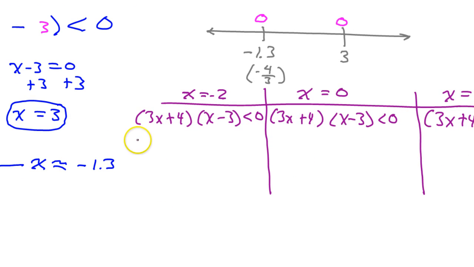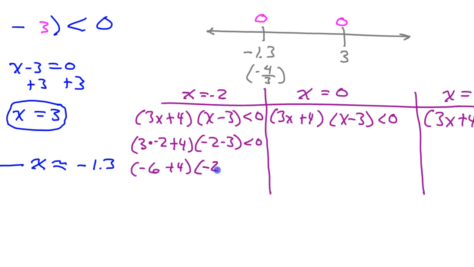If I put in negative 2, for example, that gives me 3 times negative 2 plus 4, and then negative 2 minus 3. 3 times negative 2 is negative 6. So that's negative 6 plus 4 times negative 2 minus 3.